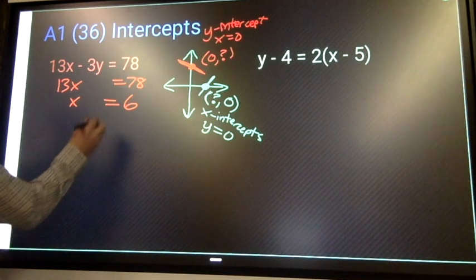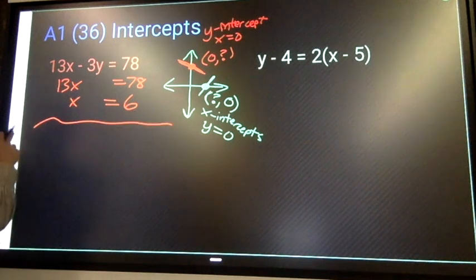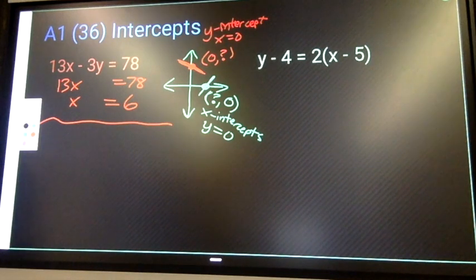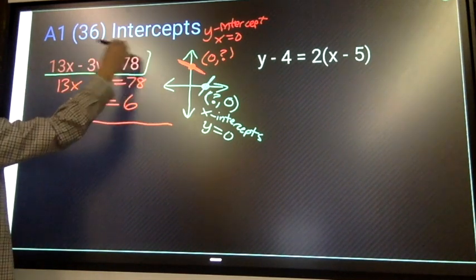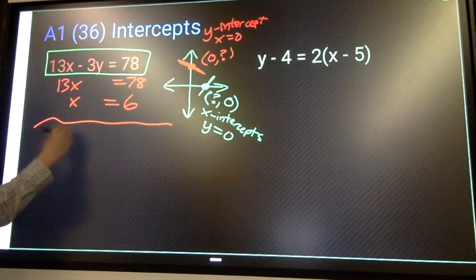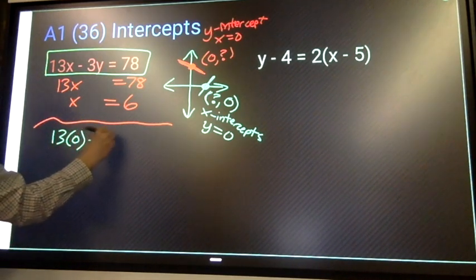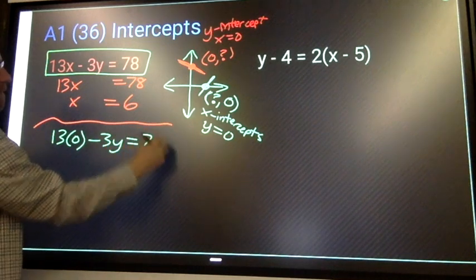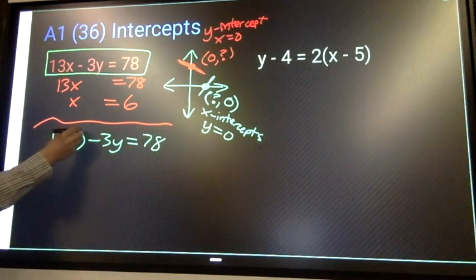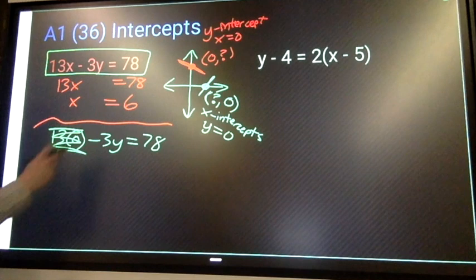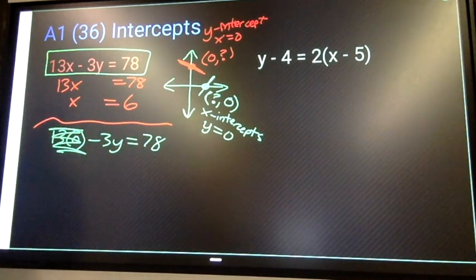If, on the other hand, I want to find the y-intercept, take this equation and make x be 0. So -3 times y is 78, and you can figure out what y is.